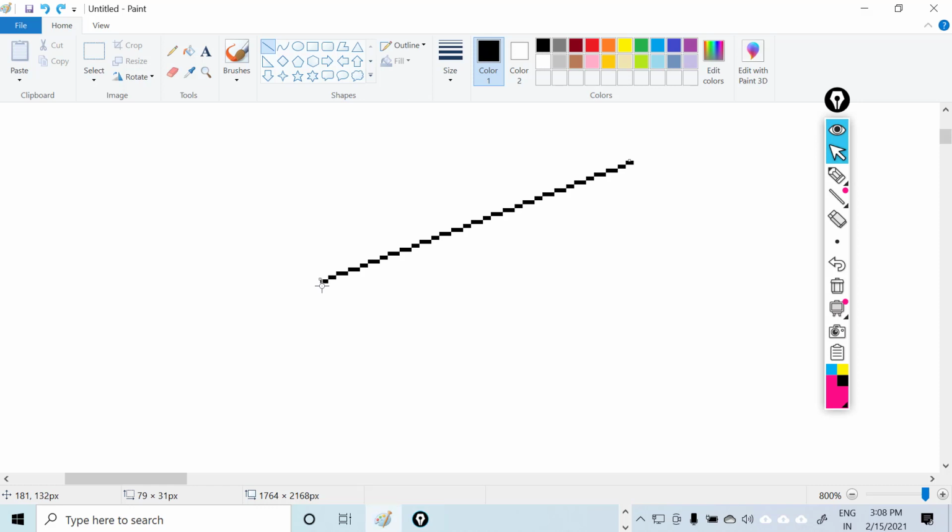This is number 1 pixel and this is the next pixel. There are 2 pixels and these 2 pixels are in the same line. Now suppose I am drawing another option, and I am drawing another line.